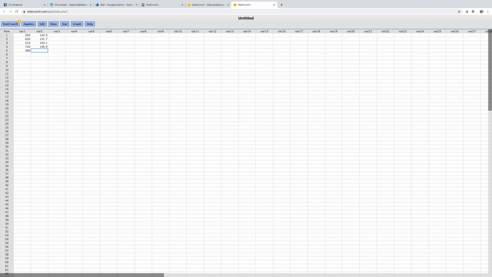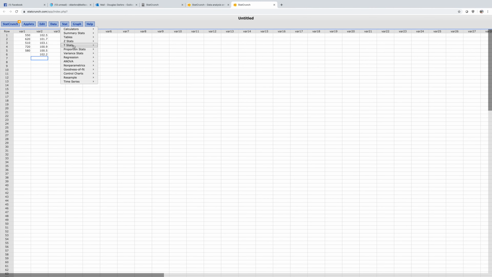All right, so 6 values. Everything look right? Yeah. So calculate and interpret the 95% confidence interval given that the student knows the population standard deviation.